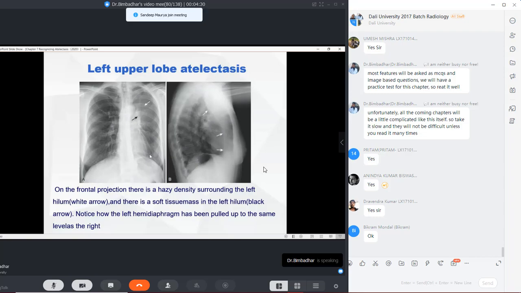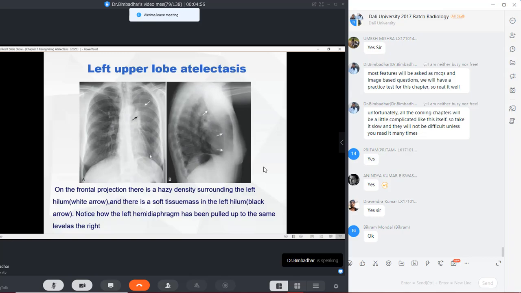The left hemidiaphragm is below because of the presence of the heart. The systolic and diastolic movements of the heart actually cause the left hemidiaphragm to be pulled downwards. Okay, it is not the liver that is influencing the heart.